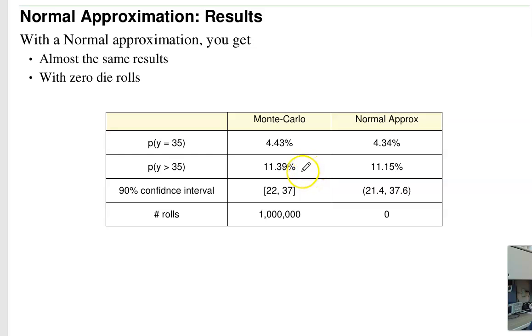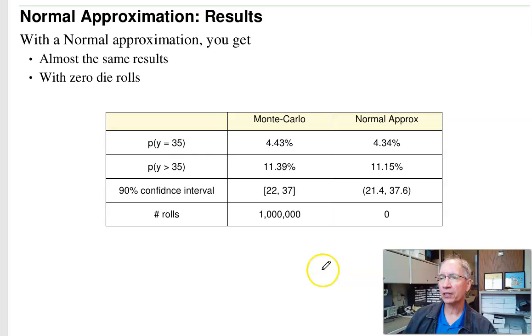Probability greater than 35, 11.39 versus 11.15. Confidence interval 22 to 37, versus 21.4 to 37.6. But the number of rolls, 1,000,000 versus 0. So the normal approximation is really nice. But again, that assumes that I know what the mean and variance are.